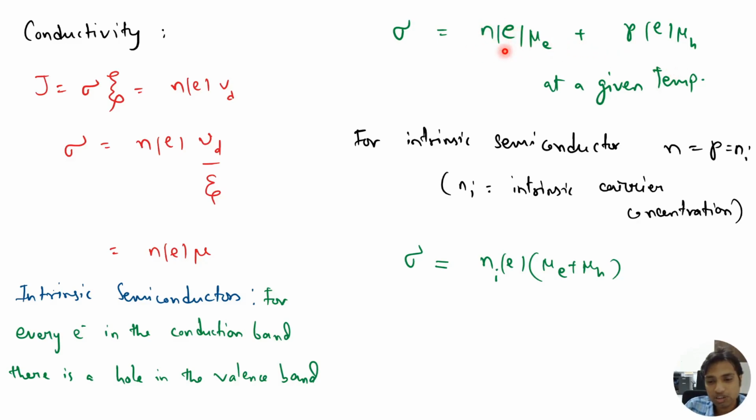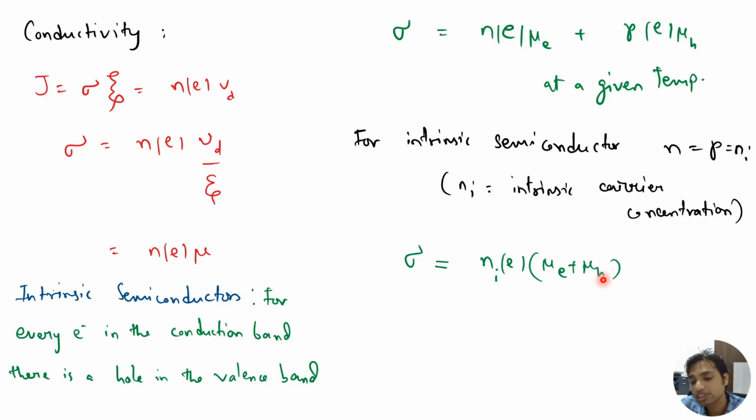N is the number density of electrons and P is the number density of holes at a given temperature. In an intrinsic semiconductor the number density of electrons is the same as the number density of holes, denoted as Ni. So sigma is equal to Ni e, taking it as common, times mu E plus mu H.